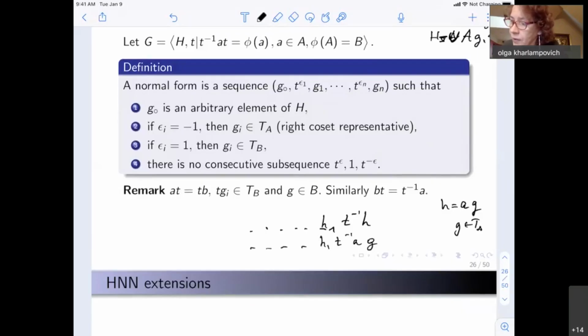But what is t^-1 a? If you look at the relation, t^-1 a is the same as the corresponding element from B, phi(a), times t^-1.